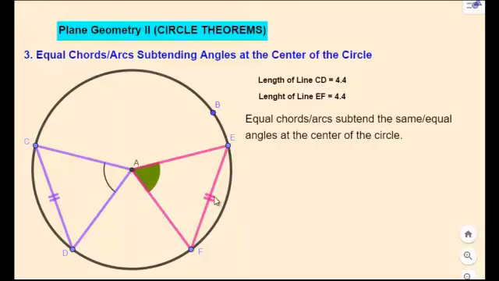When the number of strokes is the same, it shows that they are equal in length. And when these chords are equal in length, it means the angles are also the same. That is what the property says, and it has been proven to you.